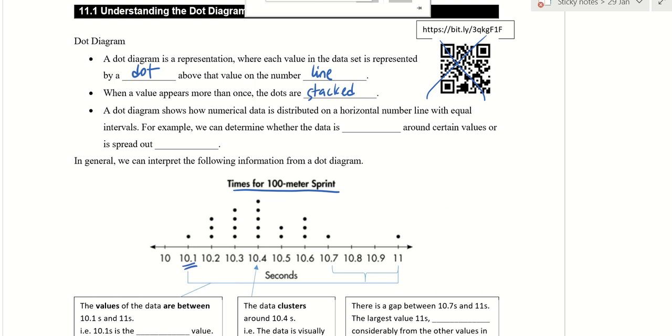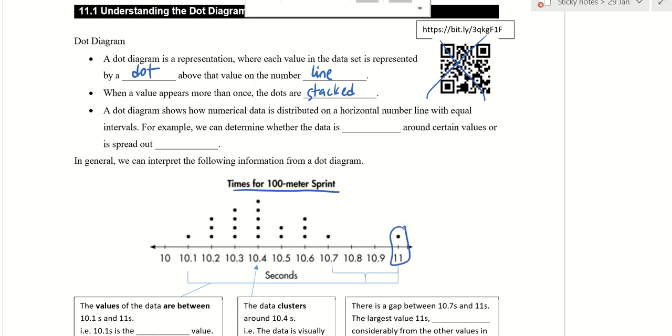And then for this person, he ran the timing of 10.2 seconds 3 times. There was once he ran a timing of 11 seconds. Maybe he was sick, maybe he was unwell on that day, because most of his timing is between 10.1 to 10.7.